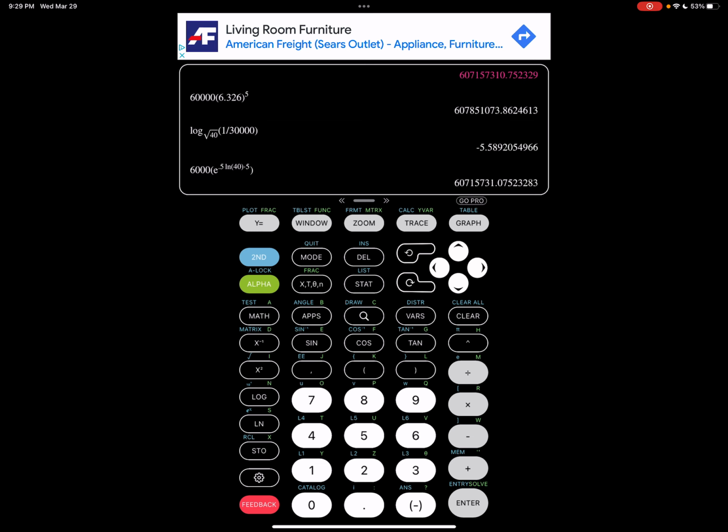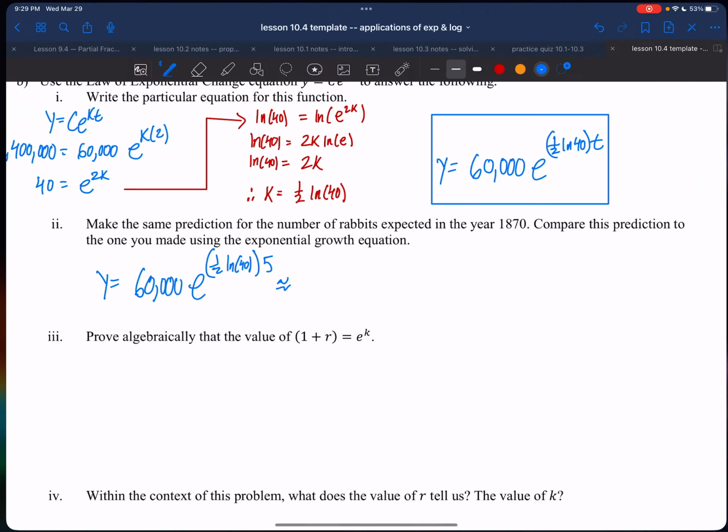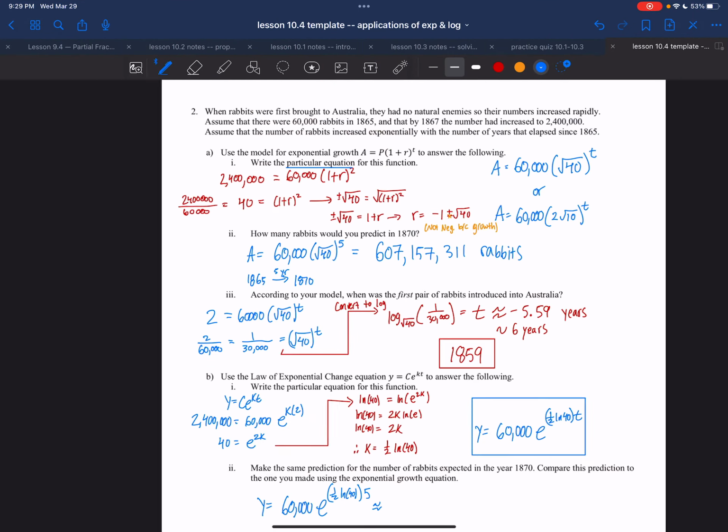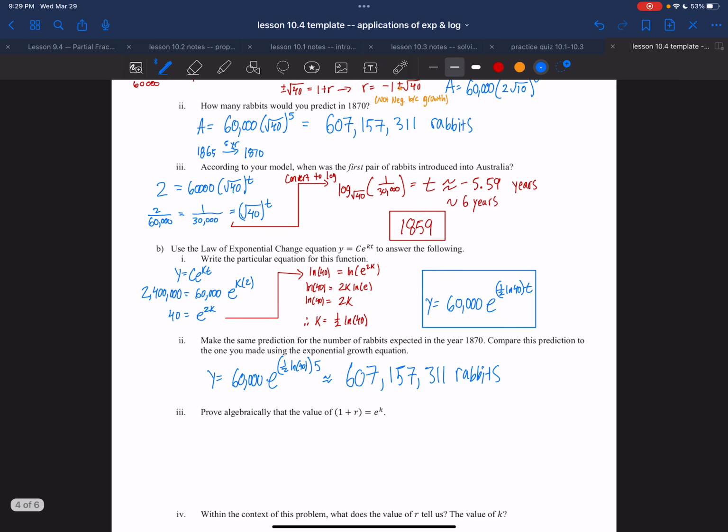I feel like they should be the same. Something about this calculator might be different. But anyway, we do get the same number if you round to the nearest whole: 607,157,300 rabbits. Oh my gosh, it's the same.